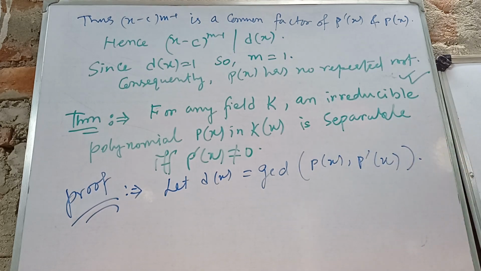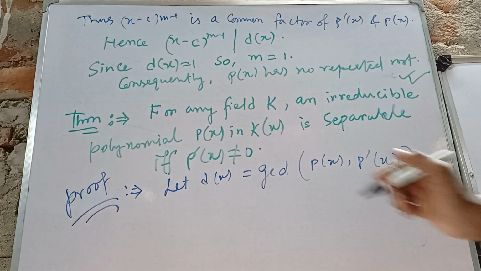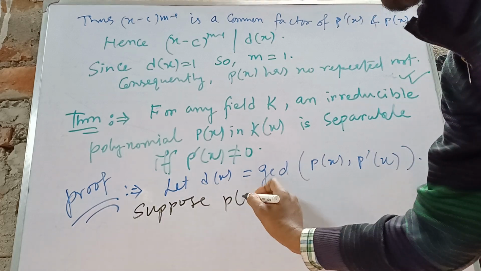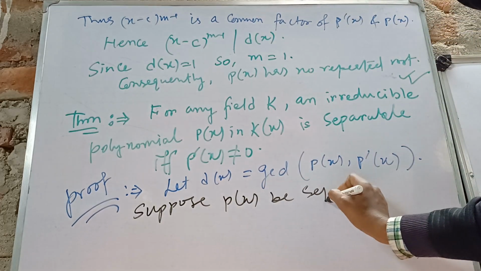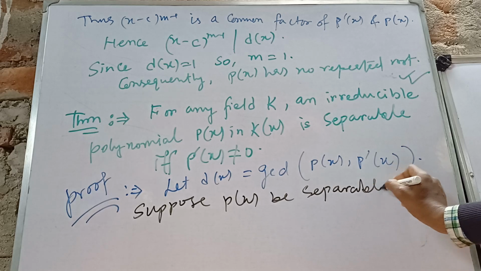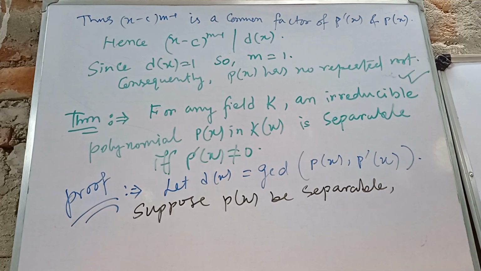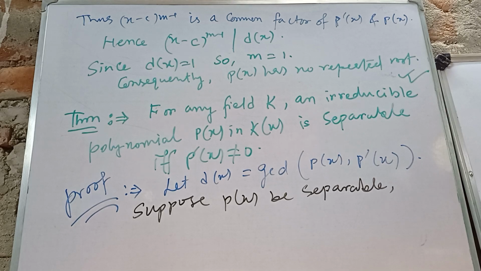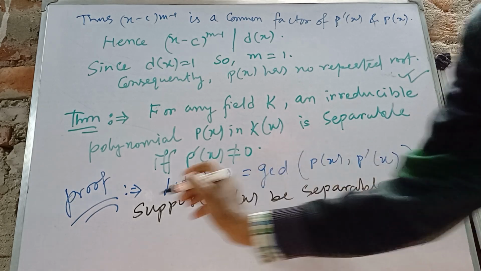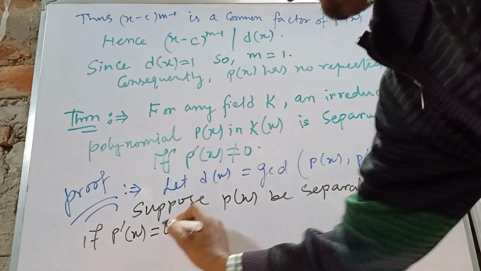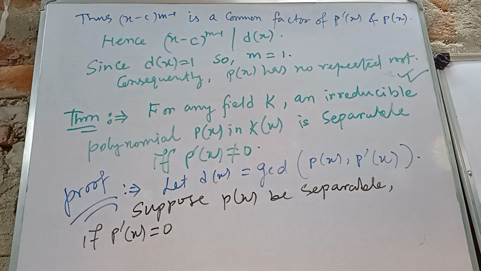Then we write, suppose p(x) is separable. Then if p dash x equals 0, we take this one.